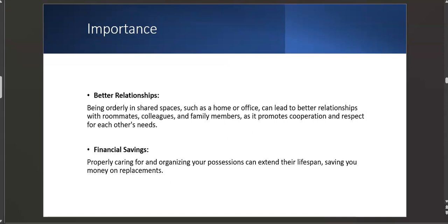Another is financial saving. Properly caring for and organizing your possession can extend their lifespan, saving your money on replacements. Now you might not understand this, but just know, as an orderly person, when you have money, you will know how to use it. For example, your mother has given you some little money to go buy yourself anything you want.